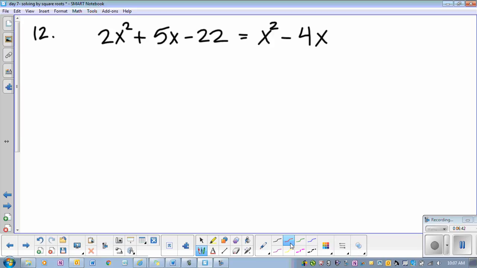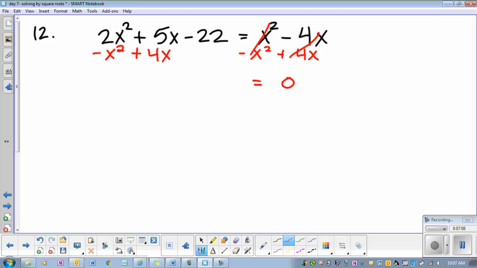We got to move everything on the right side over to the left. This first term, x squared, you subtract that out so we can get rid of it. Now what about that negative 4x? You add that to 5x. Good job. So then now we have equal to 0.